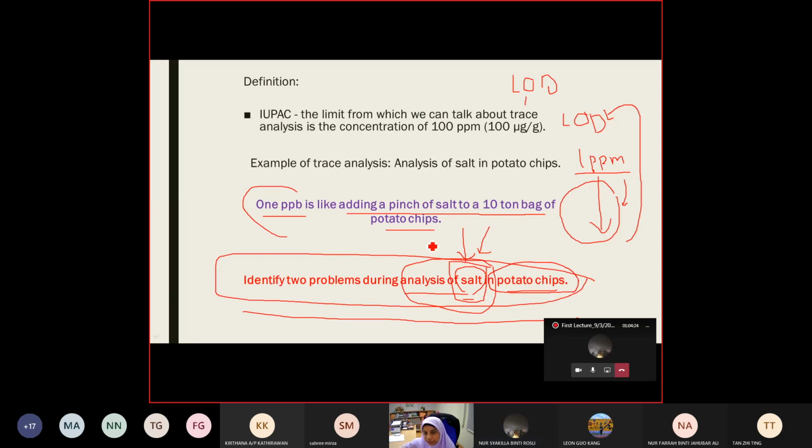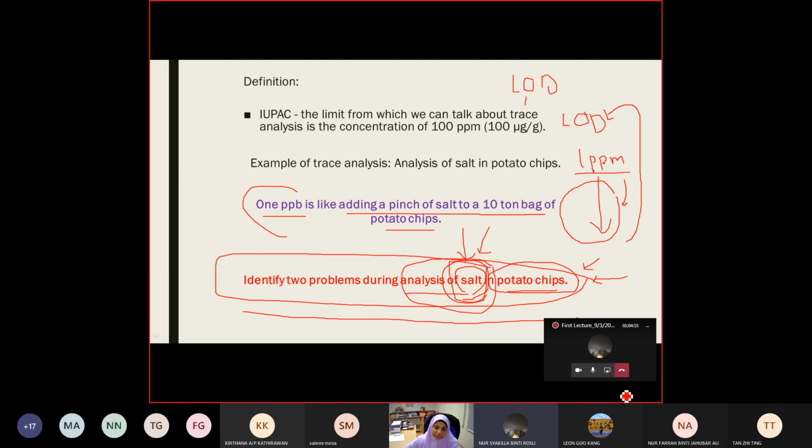Now, if the salt is the analyte, what do we call the potato chip? You want to detect the salt, so the salt is the analyte. Is the potato chip the matrix or the analyte?